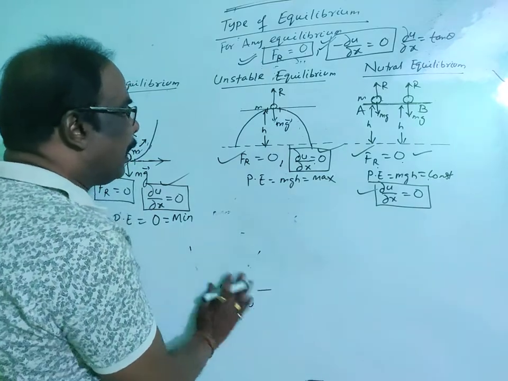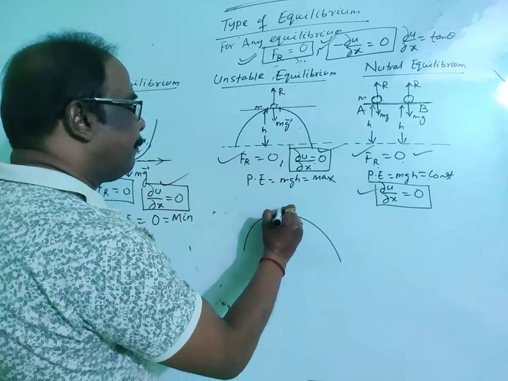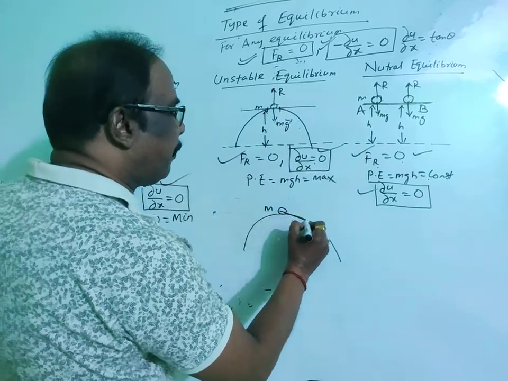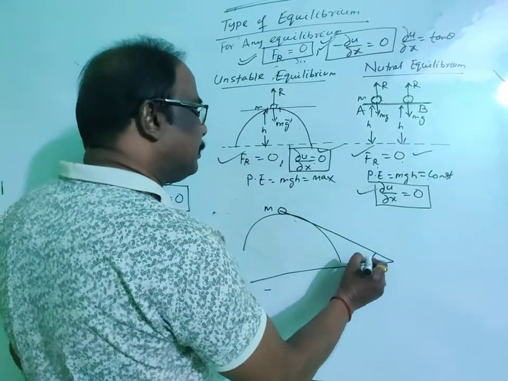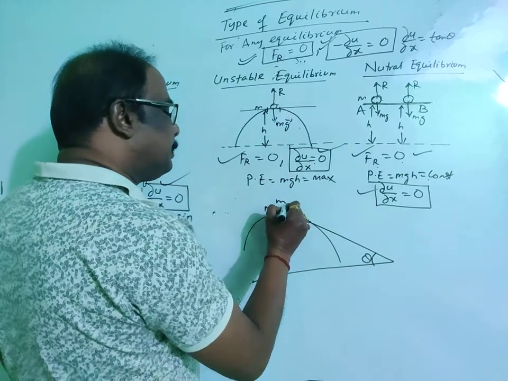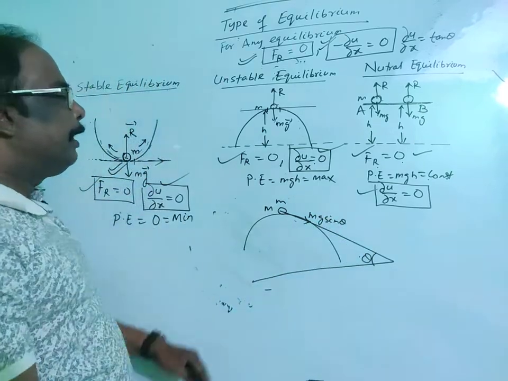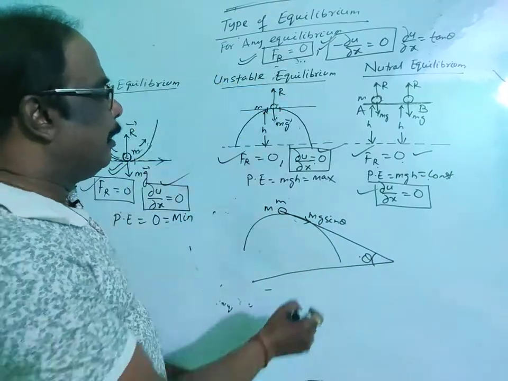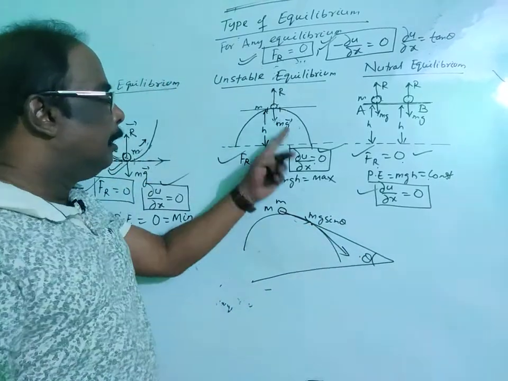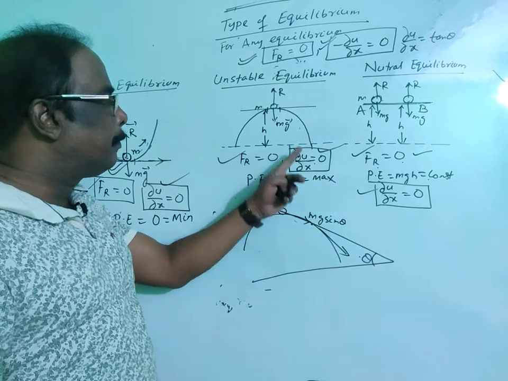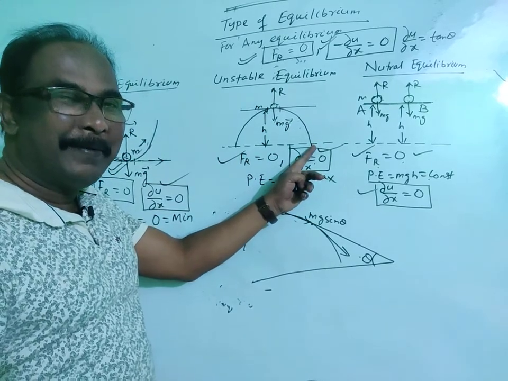Okay. Now just see, for this body, I am showing again in rough. This mass is m. Just draw a line tangential to surface. Let this angle be theta. Again, if this is m, this is theta. On this body, downward force is mg sin theta. If this body is tilted slightly, this component of gravitational force, mg sin theta, will bring back the body to the datum level.